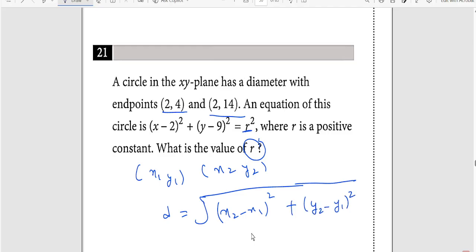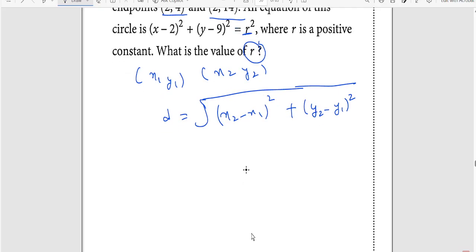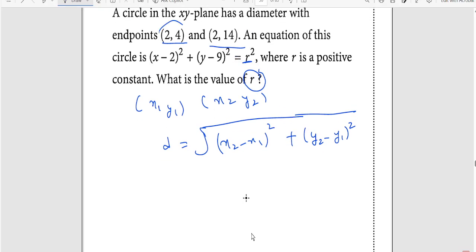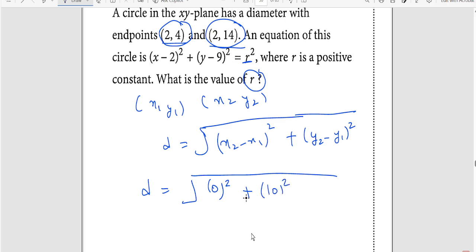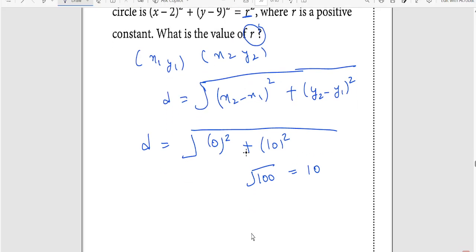Now I plug in my points. x2 is 2, 2 minus 2 gives 0 square, plus y2 is 14, y1 is 4, so 14 minus 4 is 10 square. 10 square is 100. Square root of 100 is 10. So the distance is 10 units.